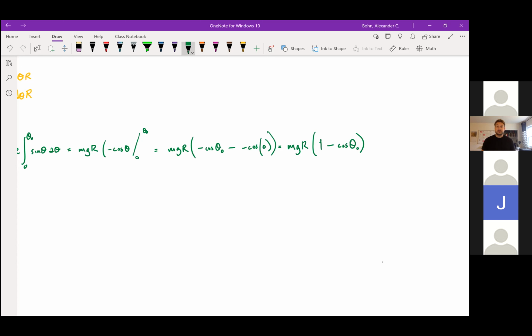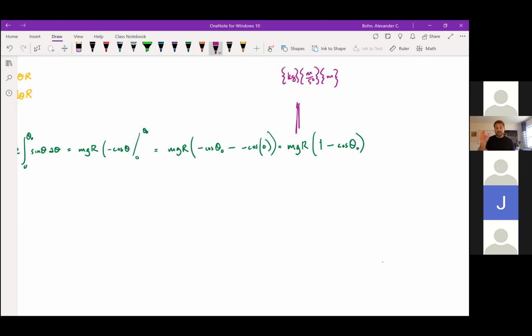The units for work are the same as the units for kinetic energy, by the way. Kilograms, meters per second squared, meters.